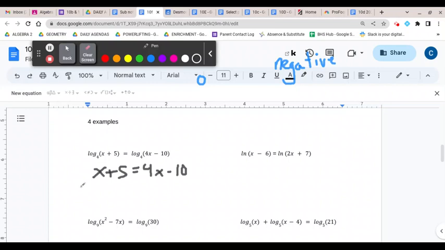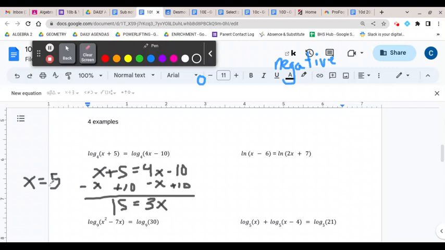We subtract the x and add 10 on both sides, and we get 3x equals 15, so x equals 5.